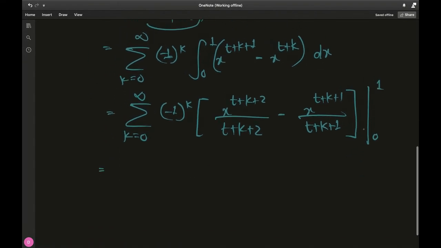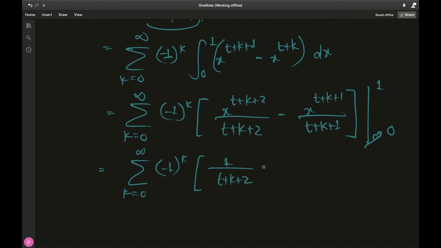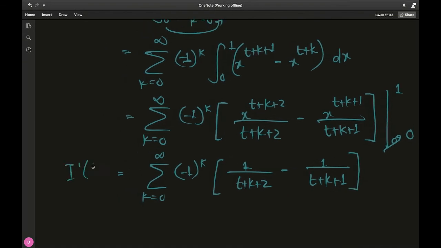So at x equals 1, we'll just have a 1 in the numerator, and at 0 everything will become 0 because that will be 0 minus 0. So just looking at this upper bound, we have 1 to the t plus k plus 2 is still 1 over t plus k plus 2 minus 1 to the t plus k plus 1 is still 1 over t plus k plus 1. Okay, so that is actually our I prime of t.